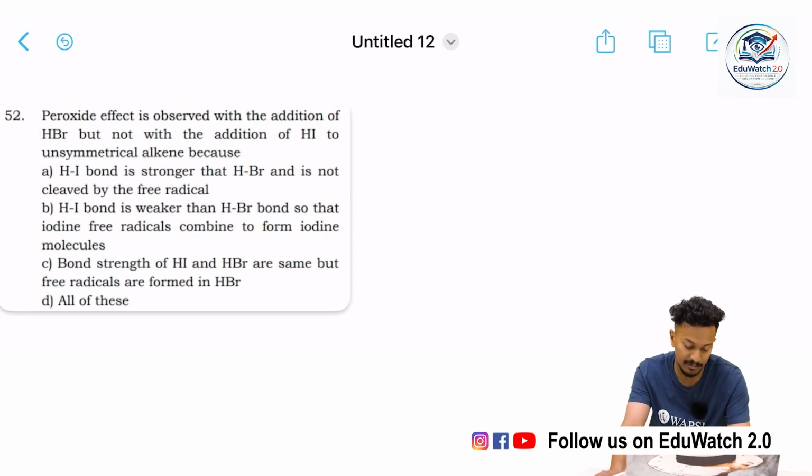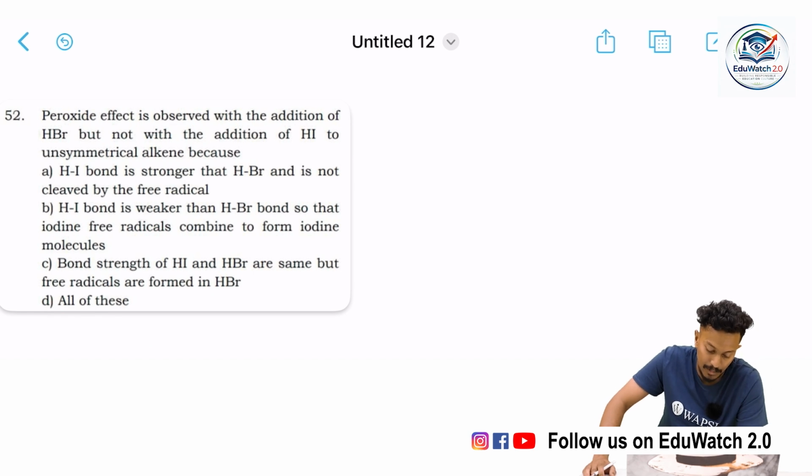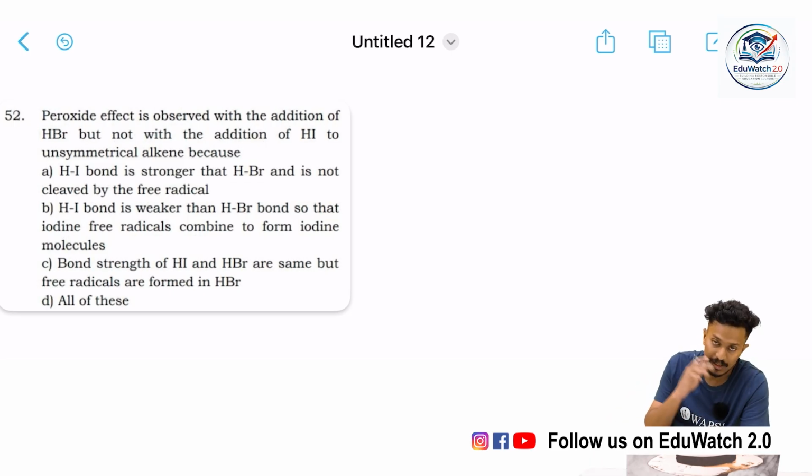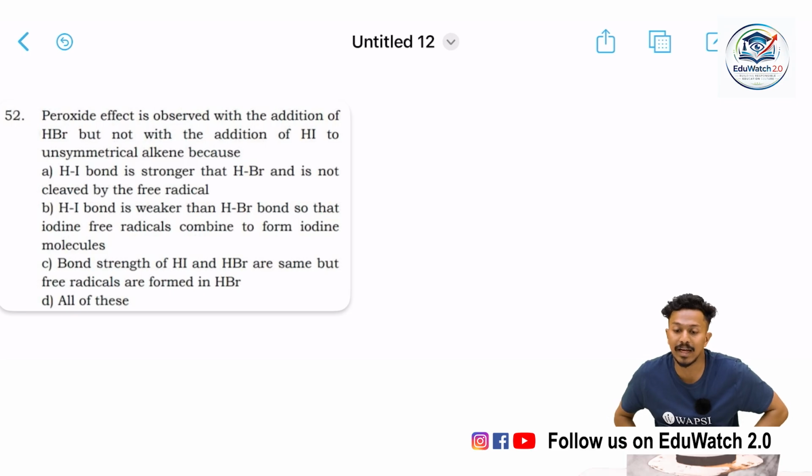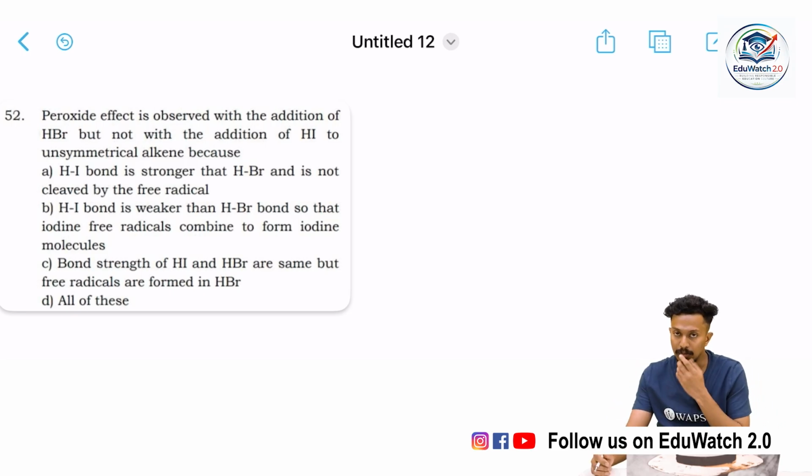Peroxide effect is observed in the addition of HBr but not with the addition of HI to the unsymmetrical alkene. Have you studied about Kharasch's effect or peroxide effect? The H-I bond is weaker than the H-Br bond, so that iodine free radicals combine to form iodine molecules. So it cannot be observed in HI.